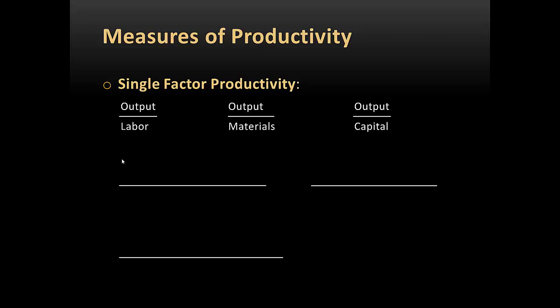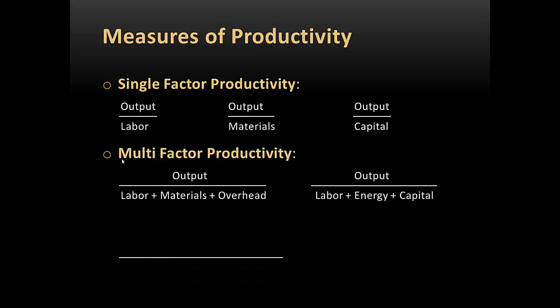Similarly, you could have output divided by materials, or output divided by capital, where you will find how many units you are producing per dollar. As you can see, in measures of productivity, output always sits on the top. When you use one form of input, then you get single factor productivity.